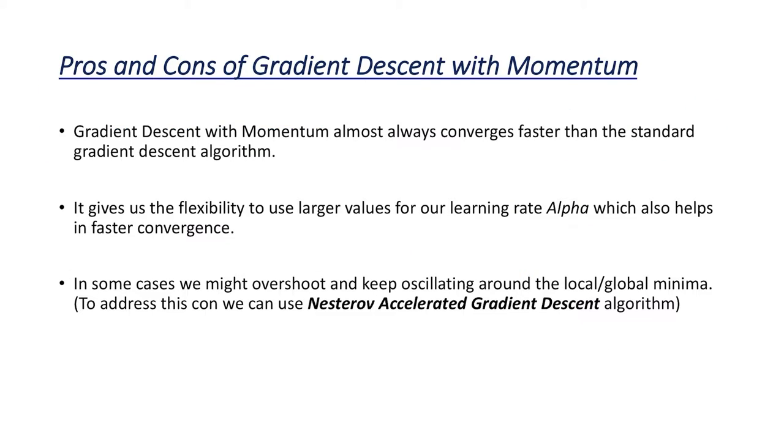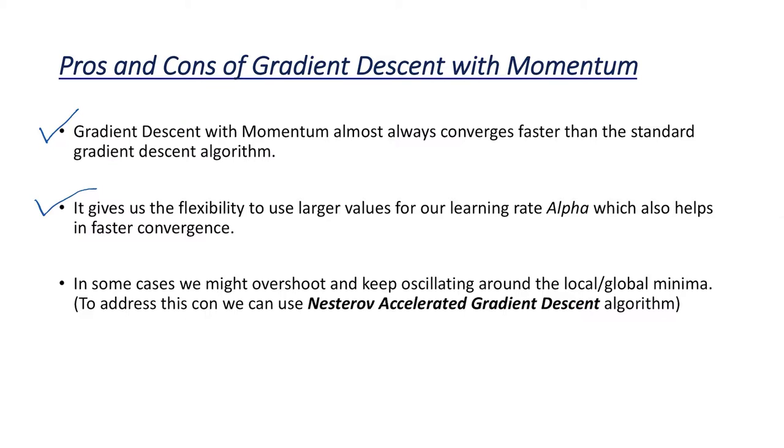So what are the pros and cons of gradient descent with momentum? The first pro is that it is always faster than the standard gradient descent algorithm. The second pro is that it allows us to choose a larger value for our learning rate, which also helps in faster convergence.